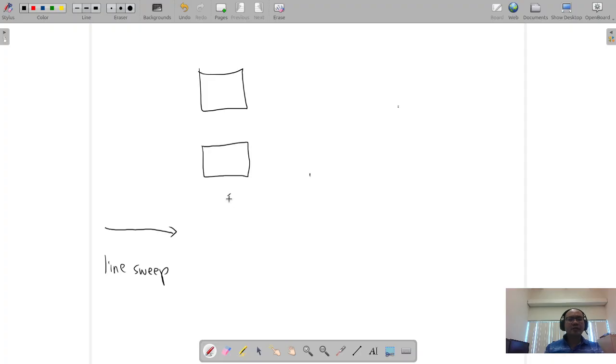Okay, same x's, but different y's, no overlap. As you sweep, you will now have two intervals. Actually, let me just draw it the other way. You now have two intervals that enter this system. So you have to keep track of two intervals.